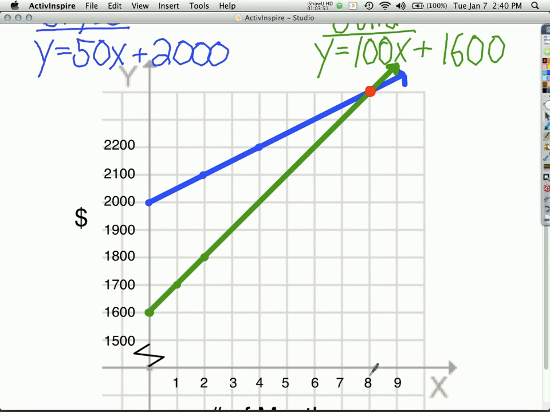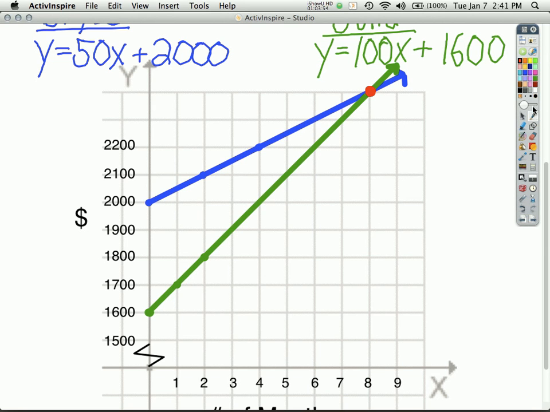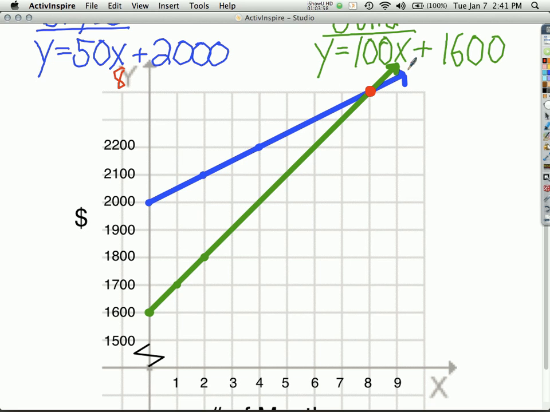And if you check that by plugging in an 8 in place of each equation, you will find out that they will both have 2400. If you continue this scale up here, this line represents 2400. So that point is 8, 2400, just as John said.